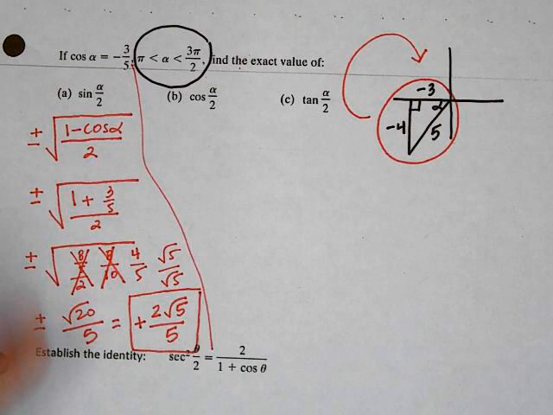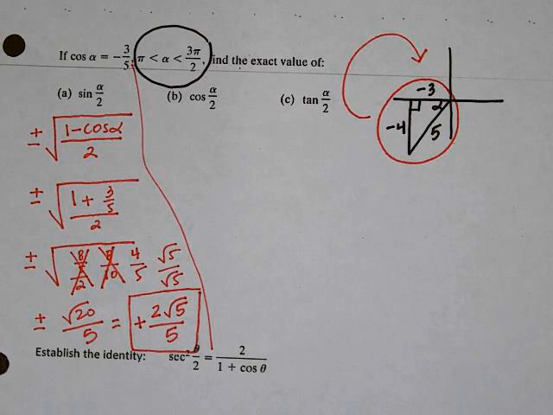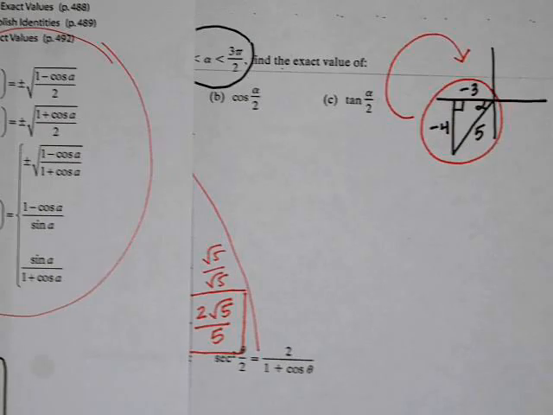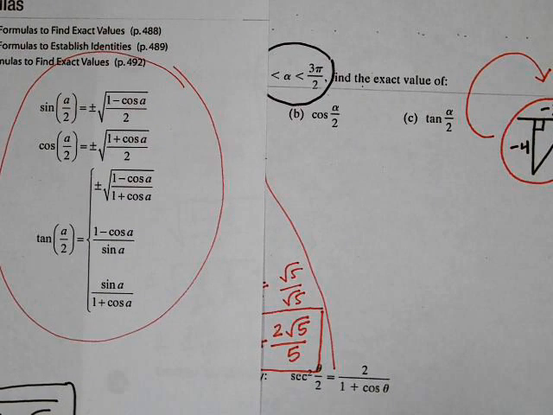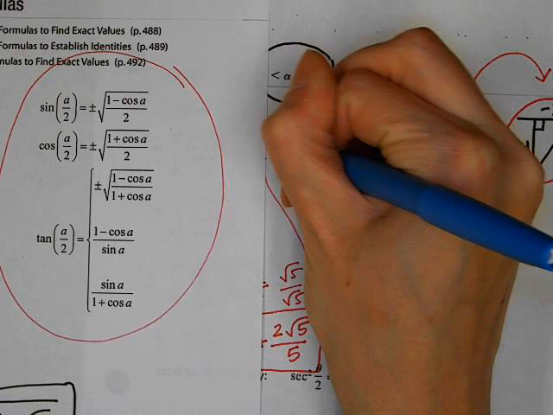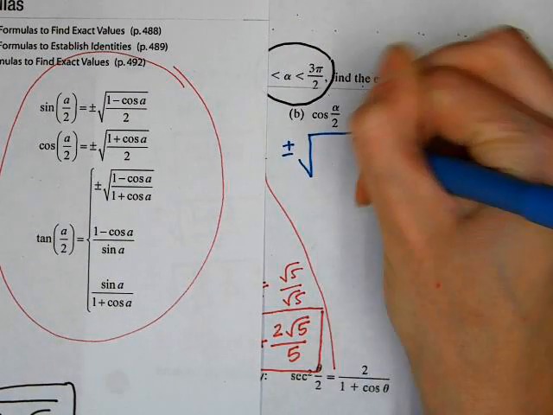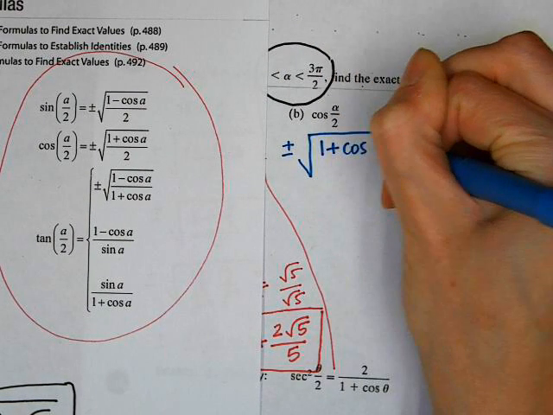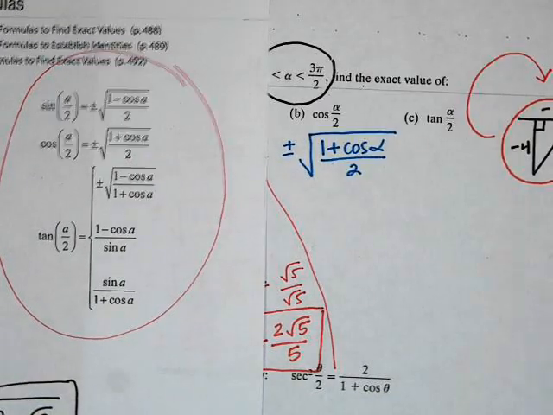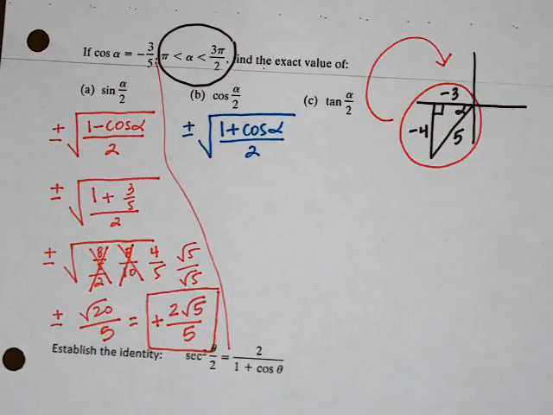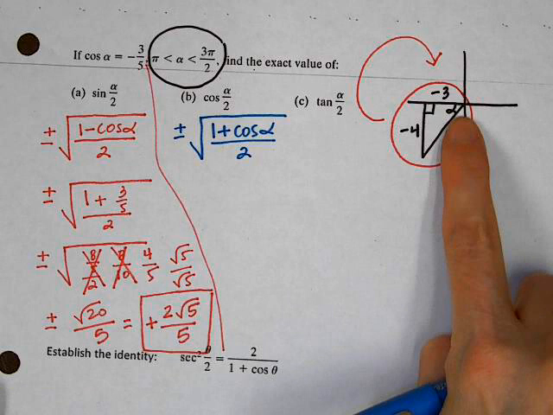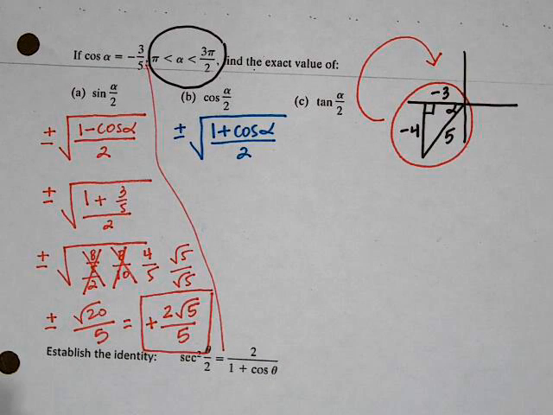Sorry if me skipping through that algebra was too fast, but don't worry, we have another one here. Okay, cosine of alpha over 2. Let's pull out our half angle for cosine, and that's plus or minus the square root of 1 plus cosine divided by 2. Okay, and then same thing, we know cosine is -3/5.